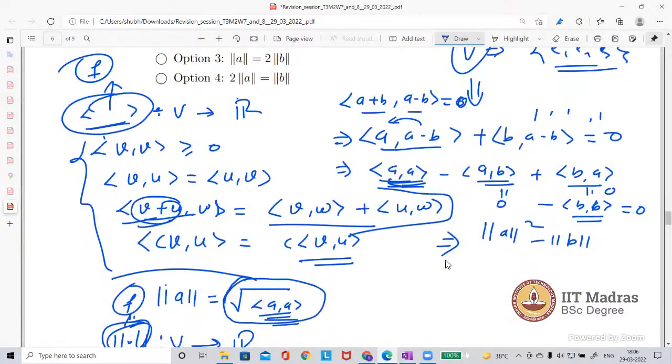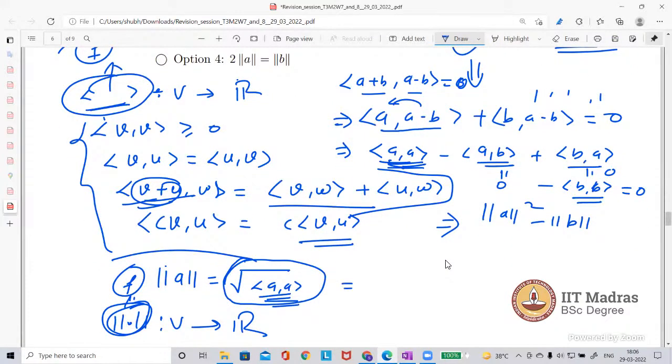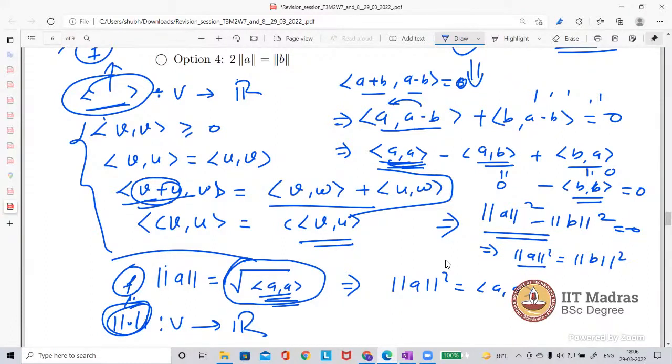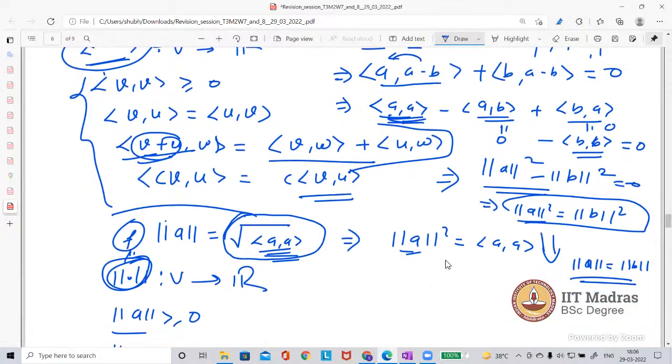So it implies norm of A square equals norm of B square. Now, as you know, norms are positive. That means norm of A equals norm of B. Otherwise, if a negative also came, you would have to consider negative terms also. But because of positivity, norms are always positive, that's why norm of A equals norm of B.